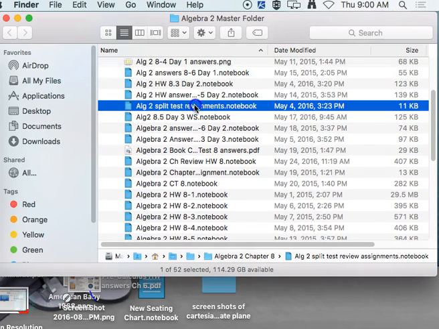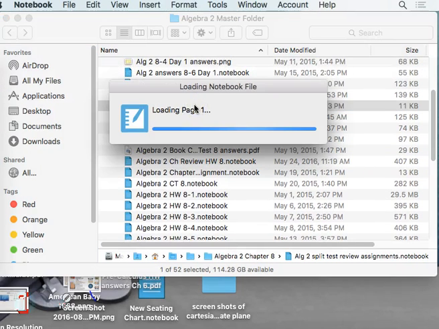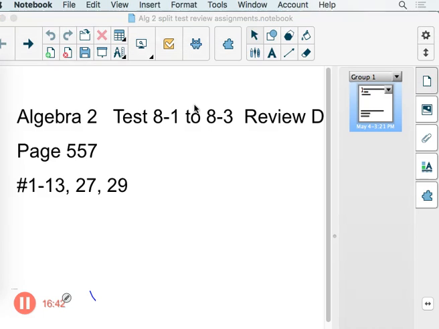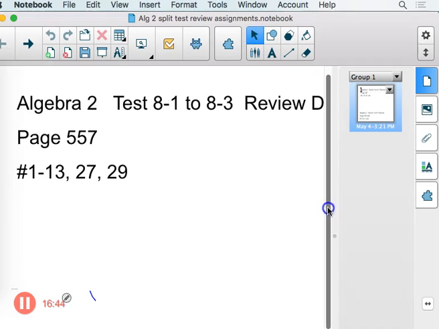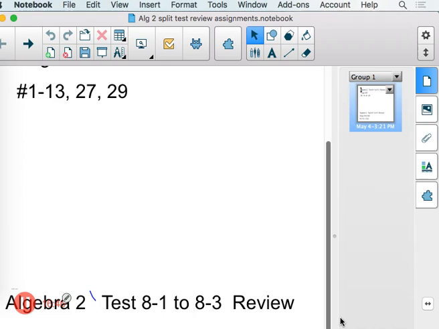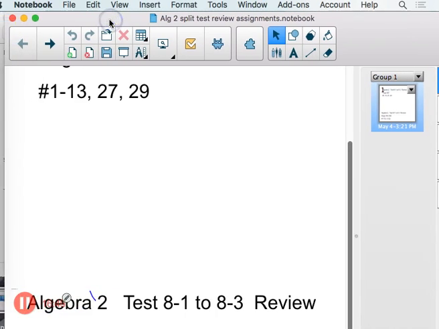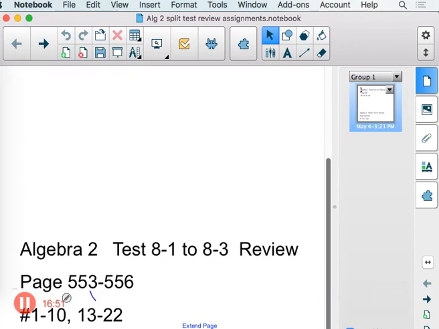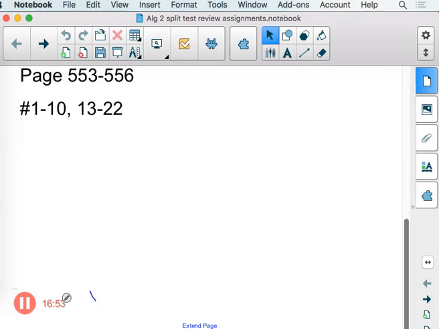There it is, split test reviews. Oh, that's really big. Okay.